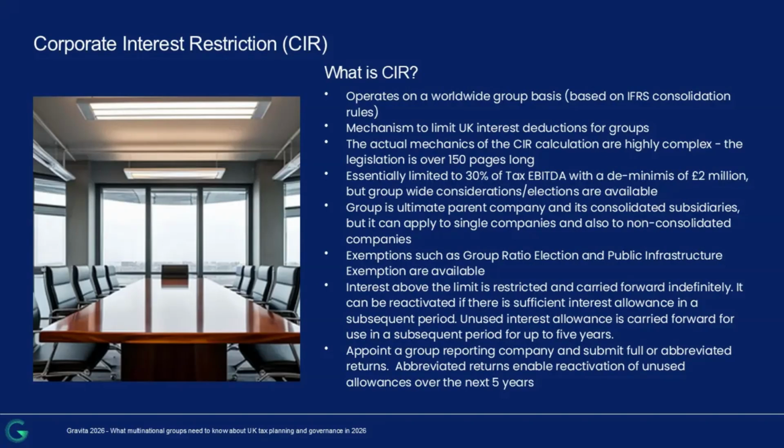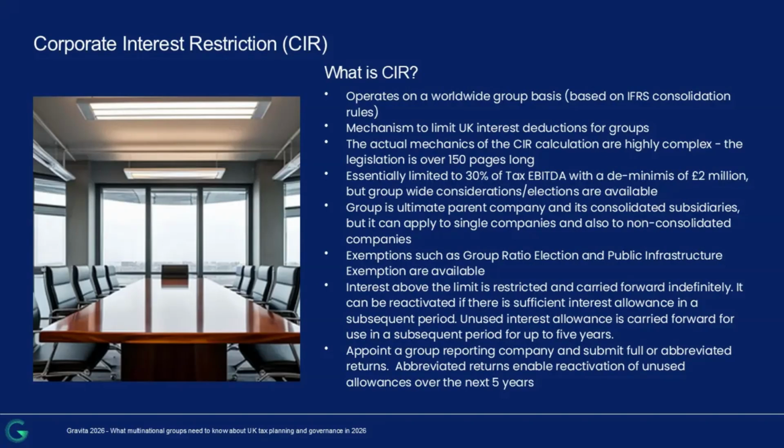If you're no greater than that in the UK, then generally you should be able to get a deduction for your UK interest. There are also industries where you're often very highly geared, say property businesses, property transactions, or public infrastructure, where there's a lot of upfront investment required to build things like power stations and public interest assets, and there's an election available where you can elect into this specific public infrastructure election regime, which would allow third-party interest to be deductible, even if you are very highly geared.